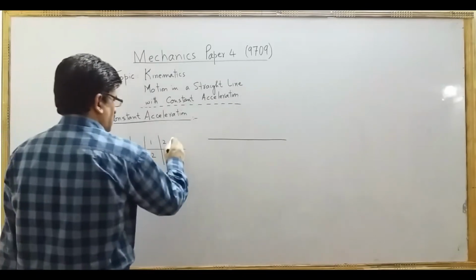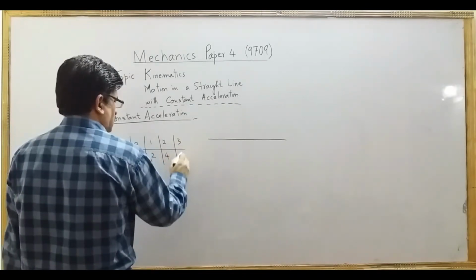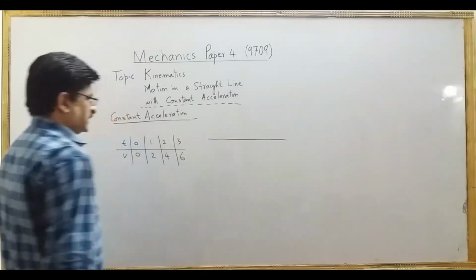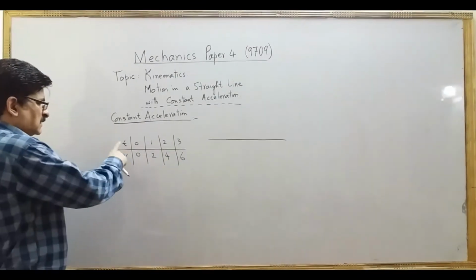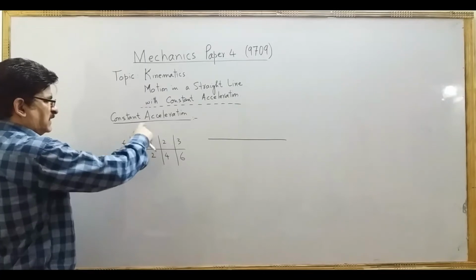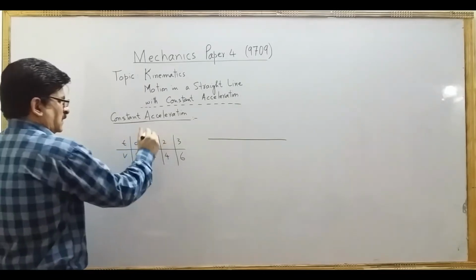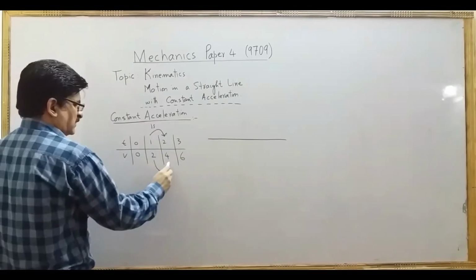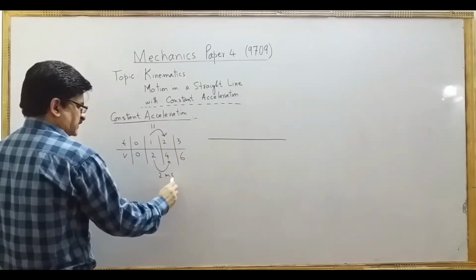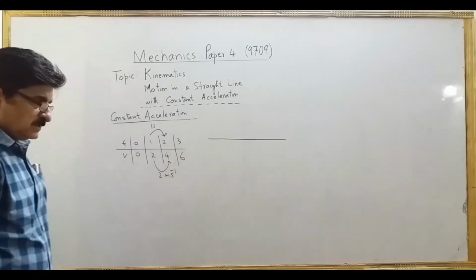After 2 seconds, velocity becomes 4. After 3 seconds, velocity becomes 6. Now see that when there is a change of 1 second in time, there is a change of 2 meters per second in the velocity.